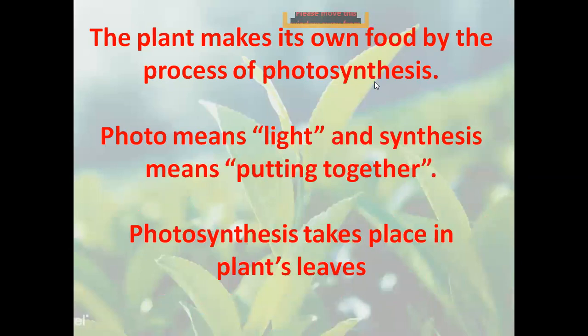So the plant, as I said before, makes its own food by the process of photosynthesis. Photo means light. It's not an image. Photo here is light. Synthesis means putting together. Putting what together? Let's see now. Photosynthesis takes place in the plant's leaves.